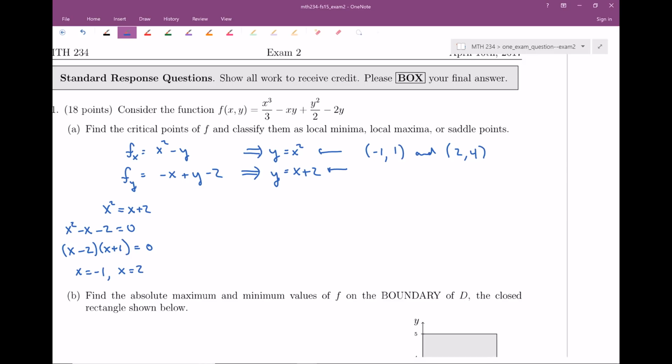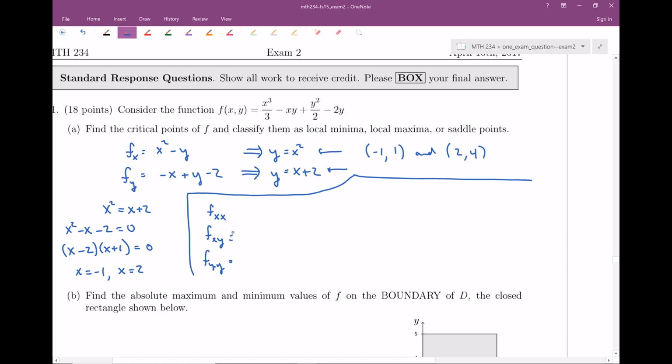So to classify them, that's where we move on. We need to calculate out this D, the determinant of the Hessian matrix, all that good stuff. So let's go ahead. I'm going to calculate out f sub xx, f sub xy, and f sub yy. And that's going to help me calculate out D. So if I take a second derivative with respect to x, now notice I'm looking up here, I would get 2x.